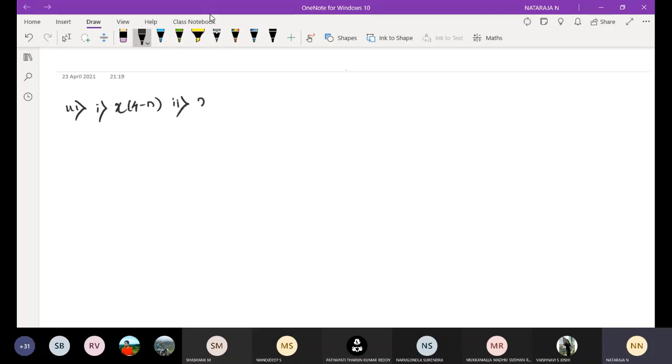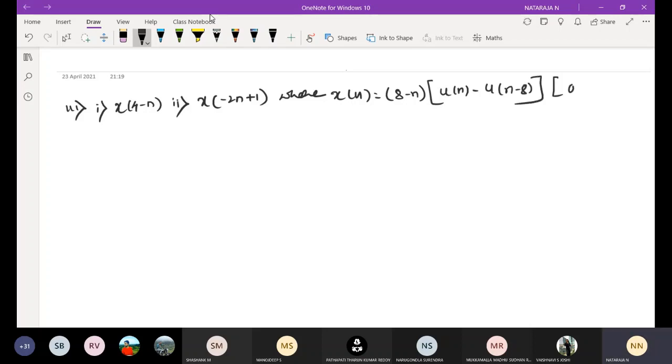Second one, x of minus 2n plus 1, where x of n is equal to 8 minus n into u of n minus u of n minus 8, with limits from 0 to 7.